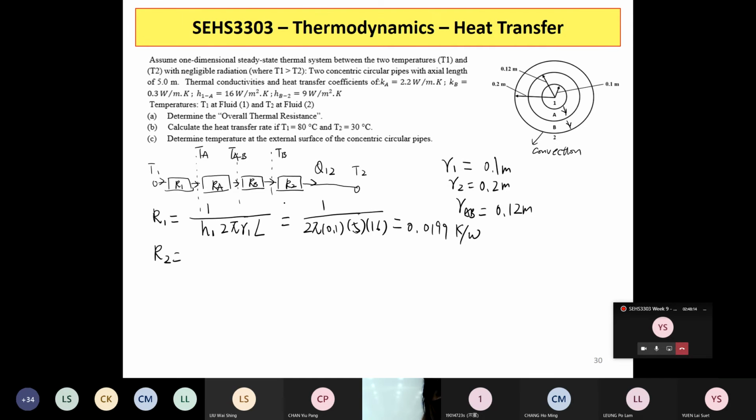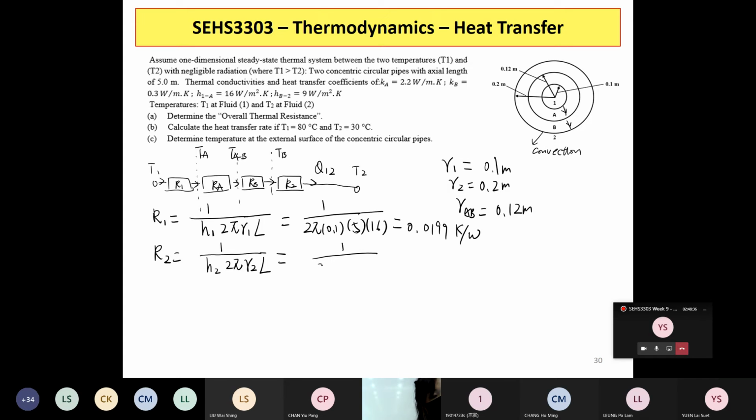Okay, R2, the convection at the outer surface of the pipe. Convection here. So R2 equals what? 1 over H2 2 pi R2 L. Yes, good, very good.